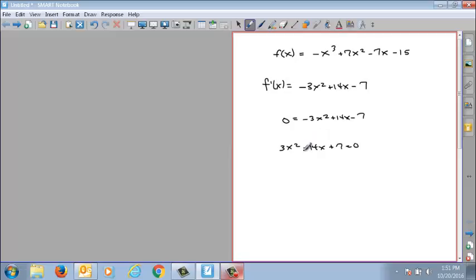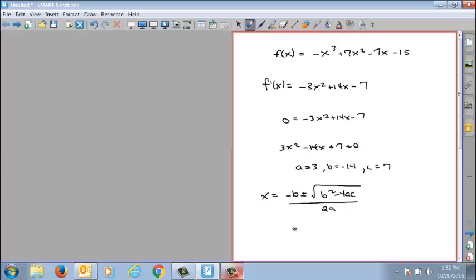And this could be factored possibly, but it turns out you need to use the quadratic formula, where a is 3, b is negative 14, and c is equal to positive 7. The quadratic formula says that the zeros are negative b plus or minus the square root of b squared minus 4 times a times c, all divided by 2 times a.